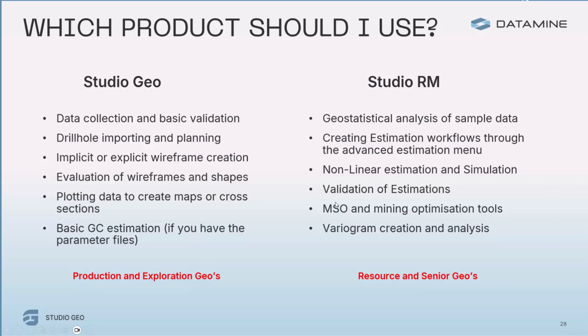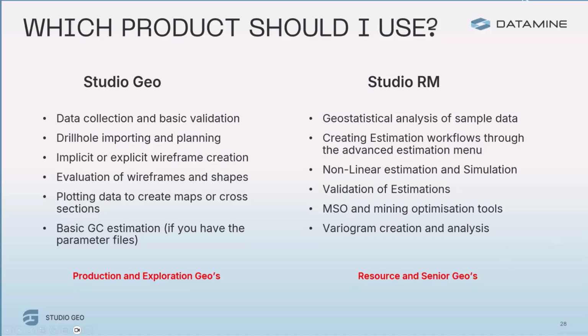Currently, the MSO and mining optimization tools. Now, this might change in the future, but at the moment, these are only available in RM, and the variogram creation and analysis tools. So Studio RM is going to be geared more towards our resource geos or senior geos, the ones that might actually be using these tools.